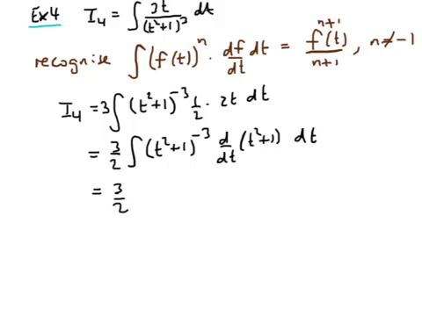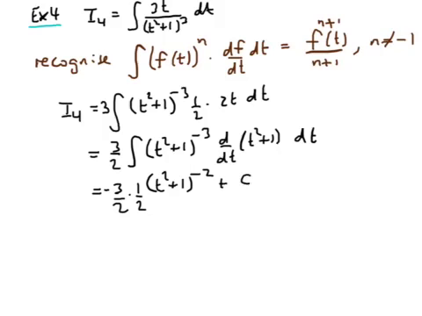So we have t squared plus 1 all to the minus 2, and then we want to divide by this new power, and dividing by minus 2 is equivalent to, we put a minus sign in the front and we put a factor of a half there, plus an integration constant.